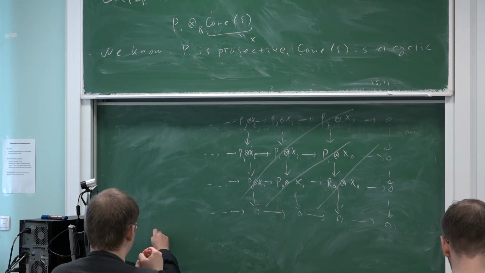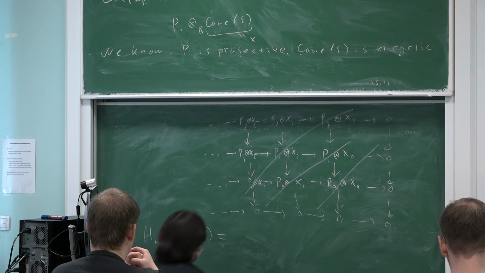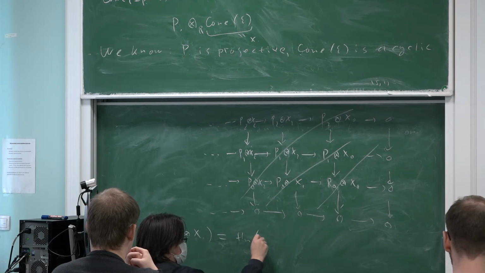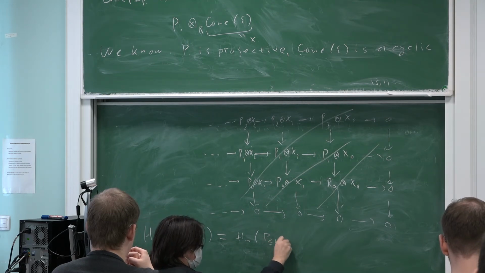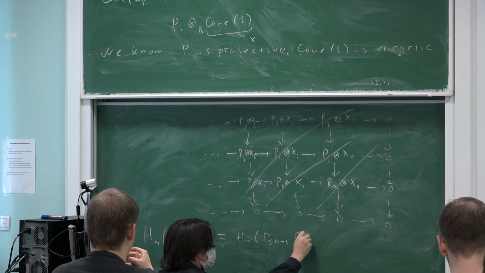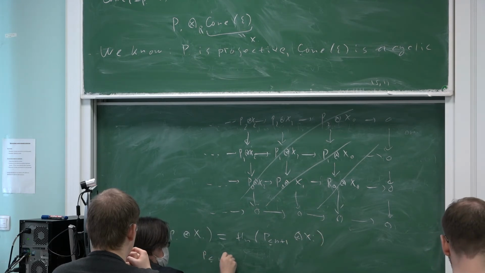So, for example, Hn of P tensor X equals Hn of P less or equal to n plus 1 tensor X, where P less or equal to n plus 1 is the following complex.